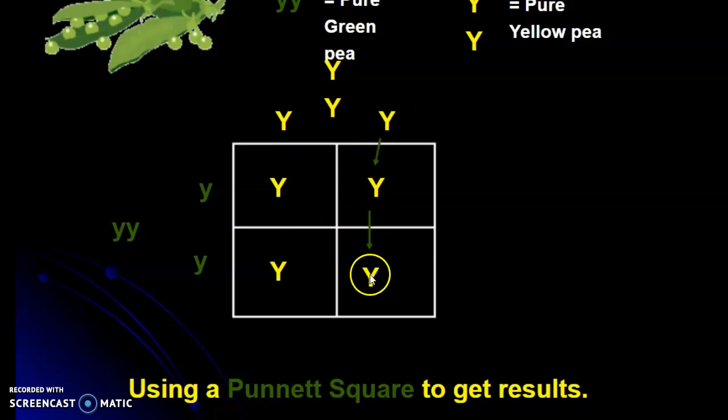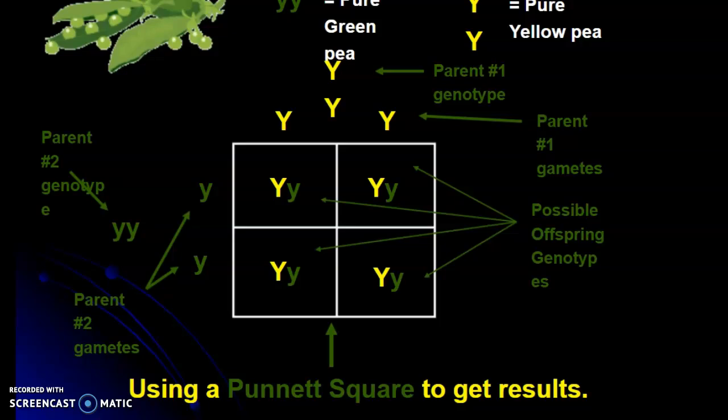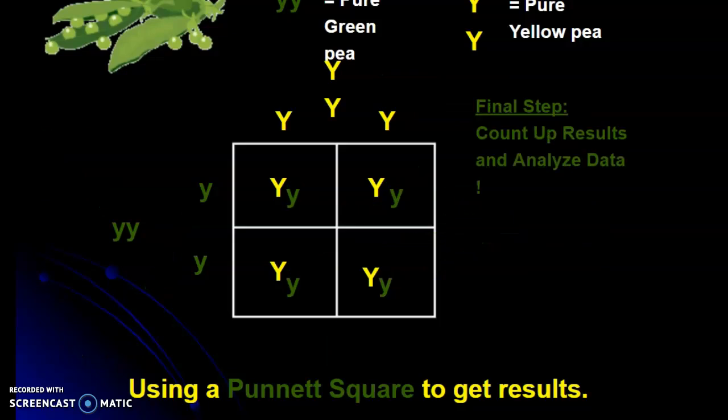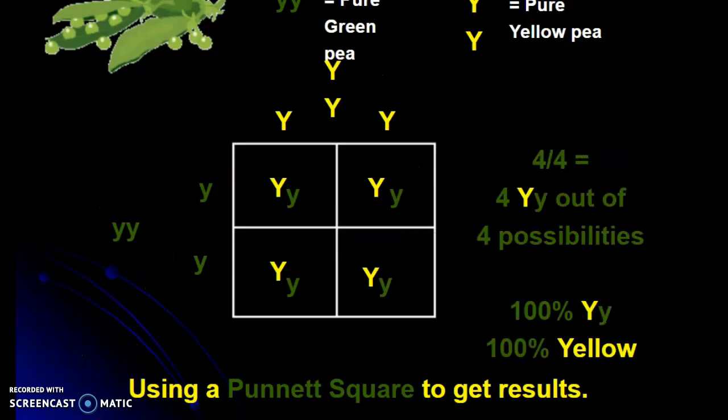We go down on this side, big Y, then we come across, little y. So our result for genotypes is 100% big Y, little y. And our phenotype, what do we see? 100% yellow. So we got 4 out of 4 big Y, little y, and 4 out of 4 yellow peas, 100% each way.